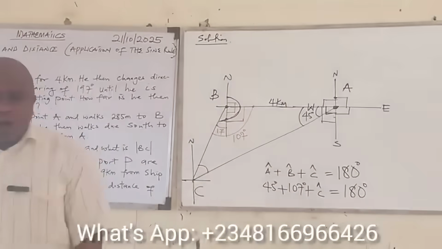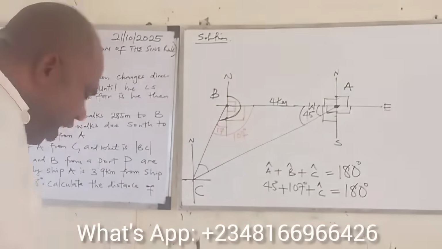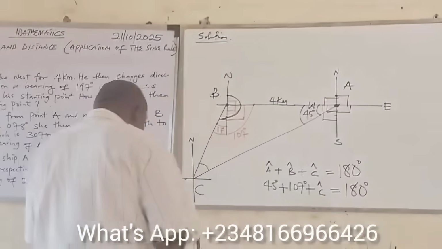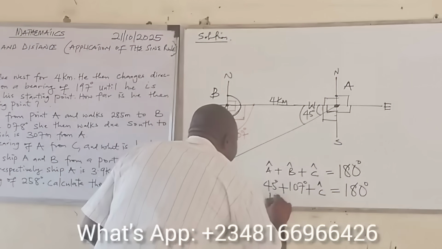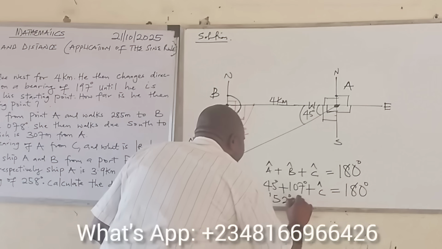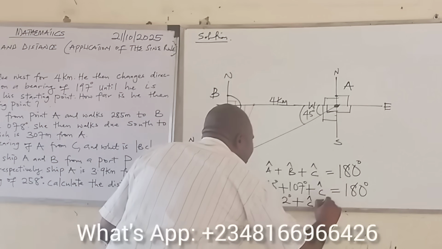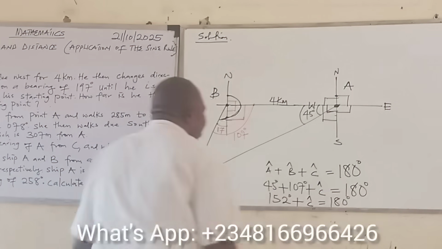Now 45 plus 107 is 152 degrees. 152 degrees plus angle C is equal to 180 degrees.